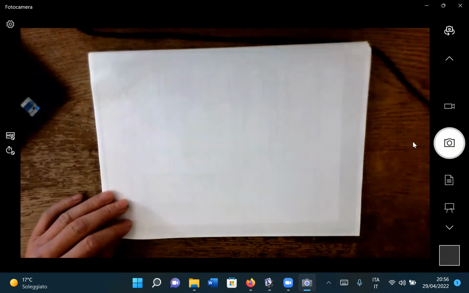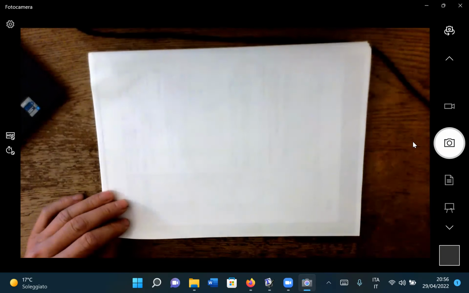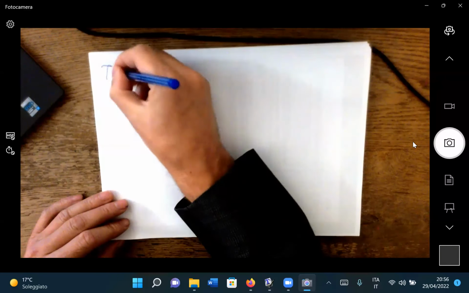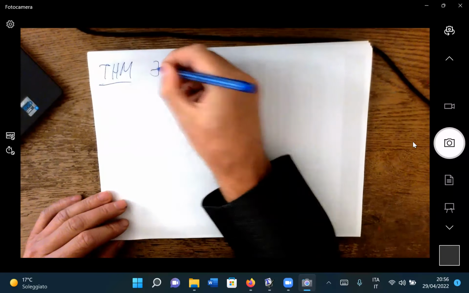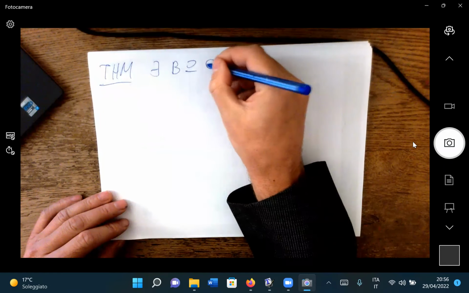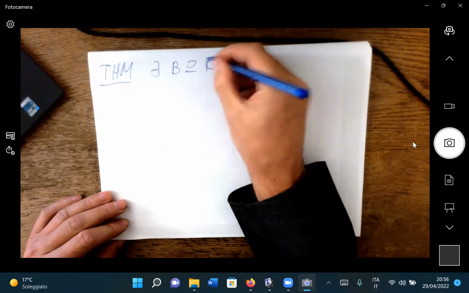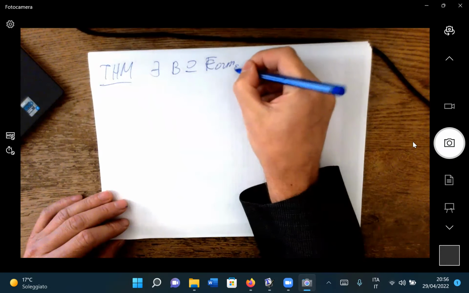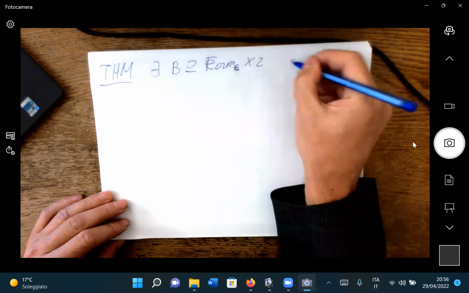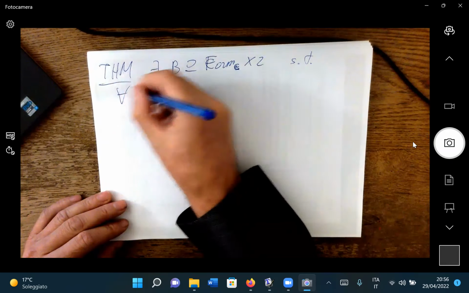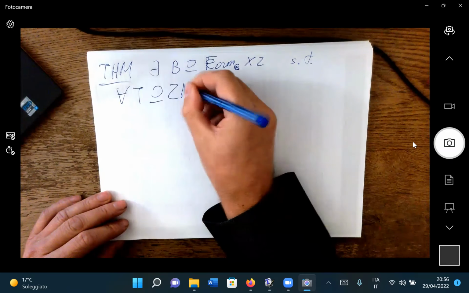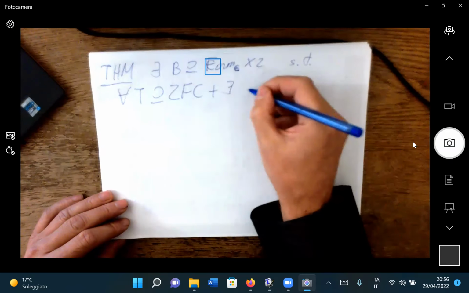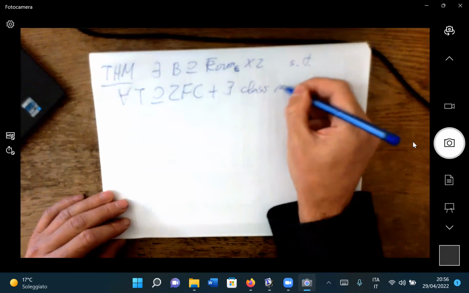And this is the other theorem. There exists a B contained in epsilon times 2, such that for all T extending ZFC plus there exist class many supercompacts.